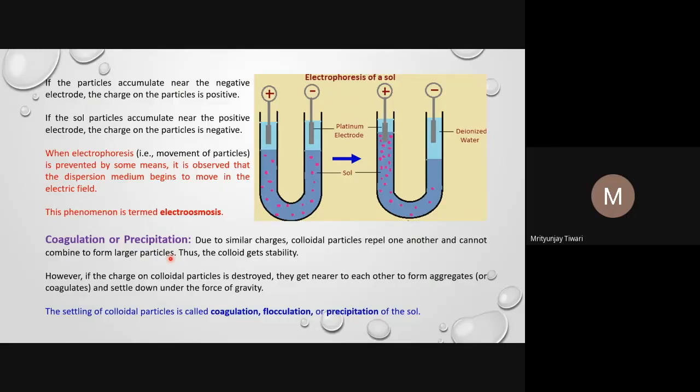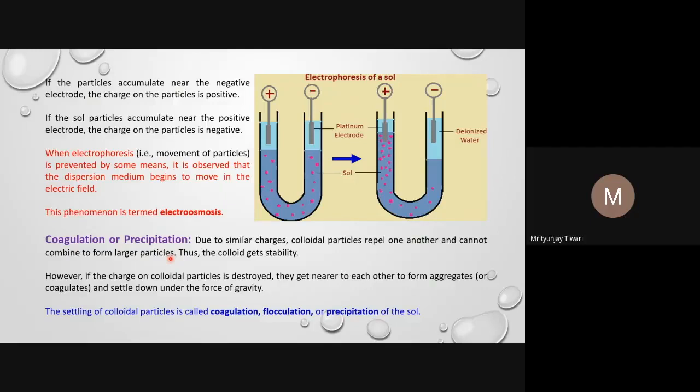However, if the charge on colloidal particles is destroyed by any other means, they get nearer to each other, so they get closer to each other to form aggregates, and this formation of aggregates is also called coagulates. So they form aggregates or coagulates and settle down under the force of gravity.